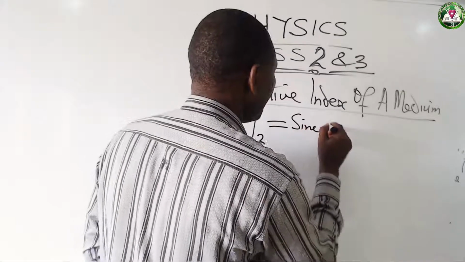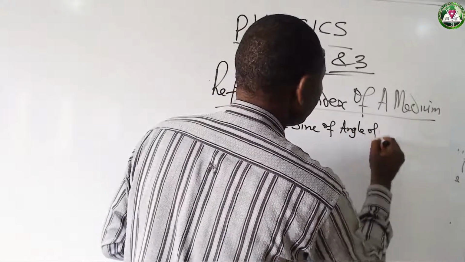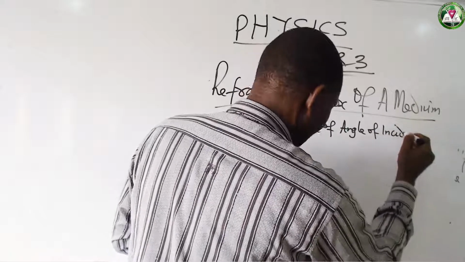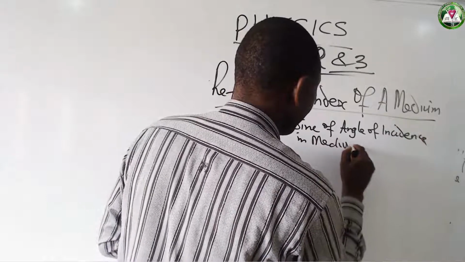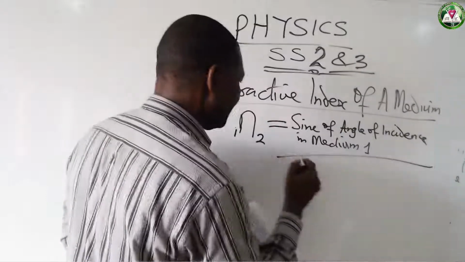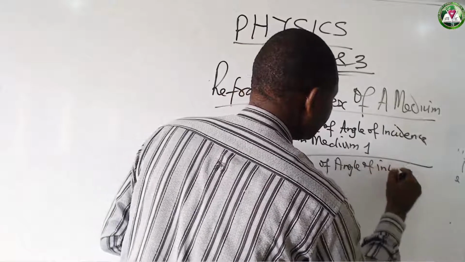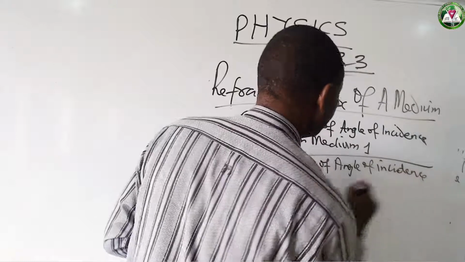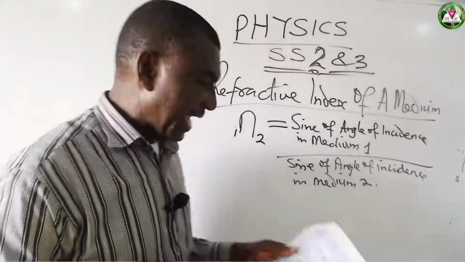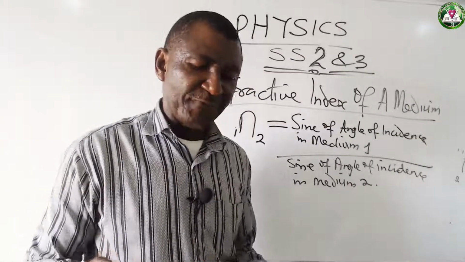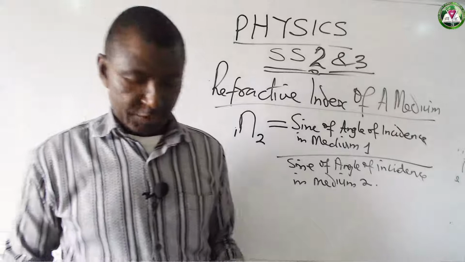So it's given as the sine of angle of incidence in medium 1 divided by the sine of angle of refraction in medium 2.